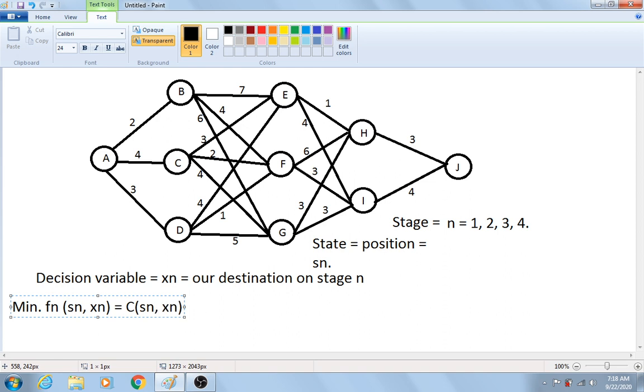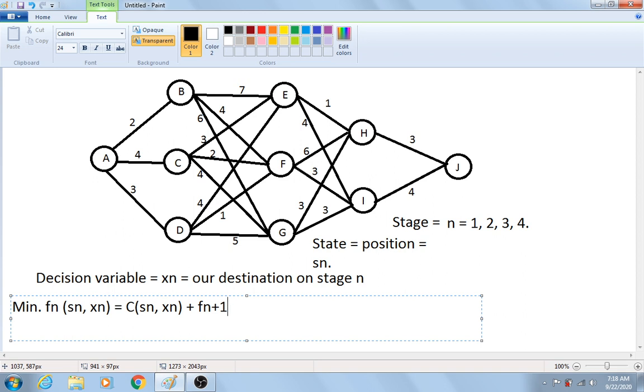Plus the cost of going to the next stage, right? If our current stage is stage n, then the next stage is stage n plus 1, and we want to find the optimum cost for the next stage.